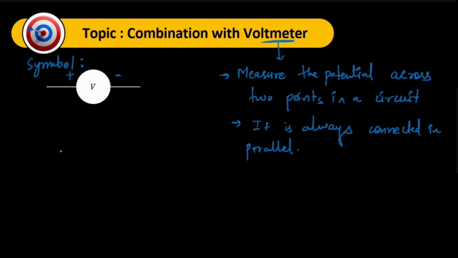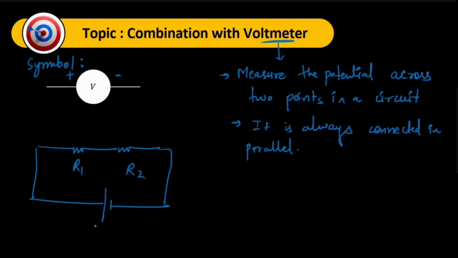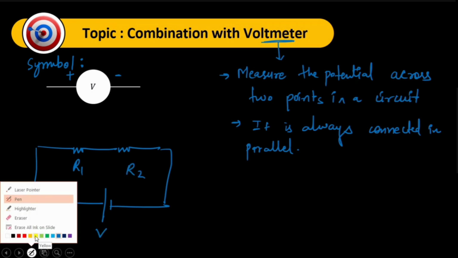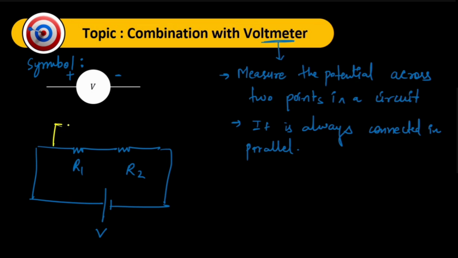So you can assume if we have a circuit like this, and this is the resistance R1, this is the resistance R2, this is potential V. And the examiner says what is the potential difference across R1. So in order to find the potential difference, we just connect the voltmeter in this way, in parallel combination.